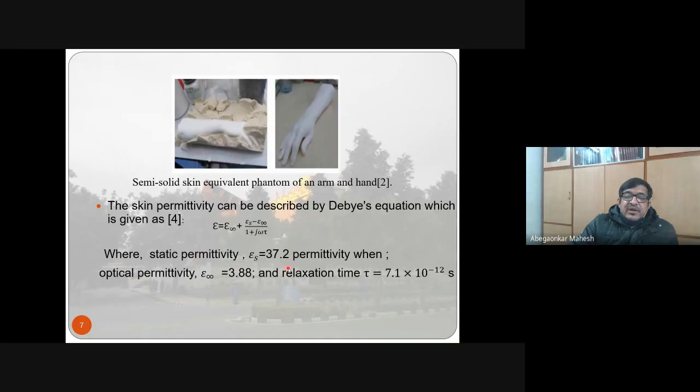Where the static permittivity is 37.2, the optical permittivity, that is epsilon infinity, is 3.88, and the relaxation time is in picoseconds. So this is how we can calculate the skin permittivity at any given frequency. Omega comes into picture, right? At different frequencies, the permittivity value will be different.